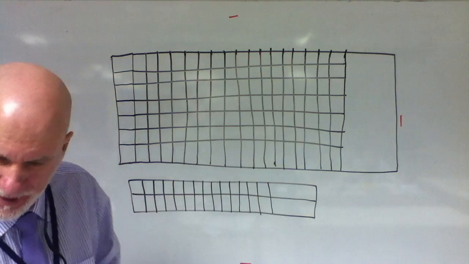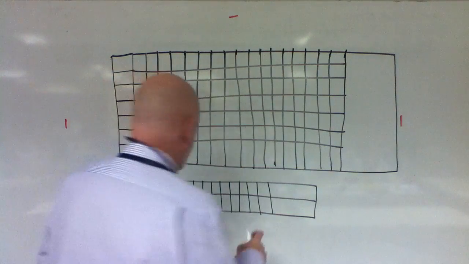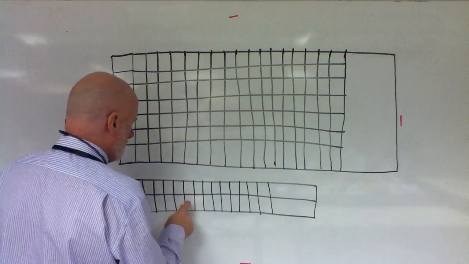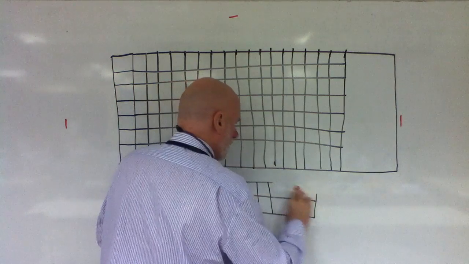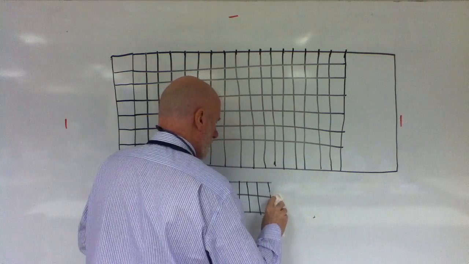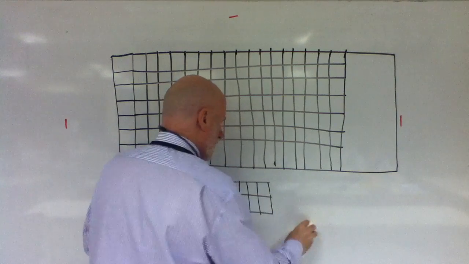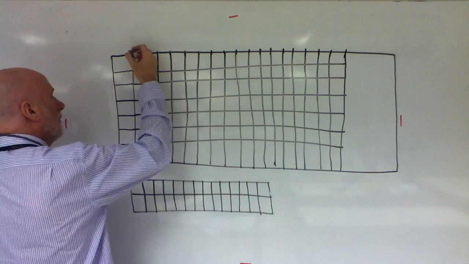You want to make sure each has 14 blocks. And then you're going to want to outline the table.